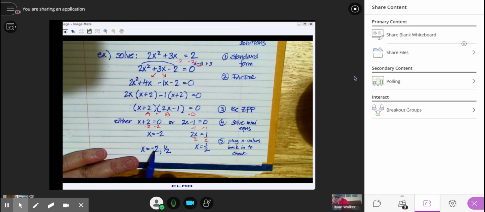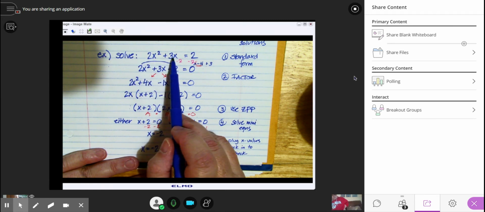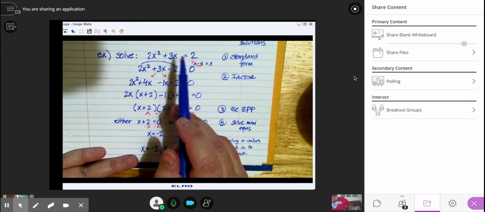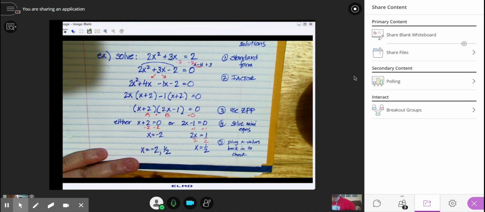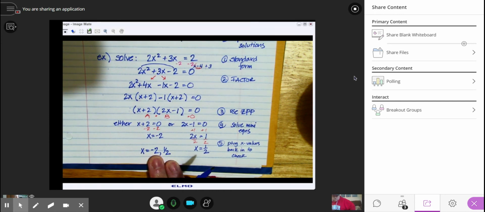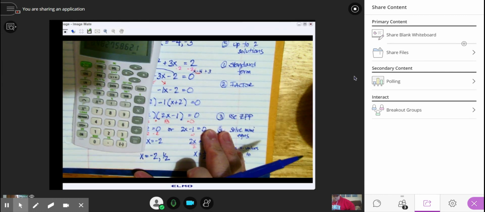So if I put a negative 2 into the left side here, would I get a 2? And maybe you just use your calculator to do this piece. There we go.